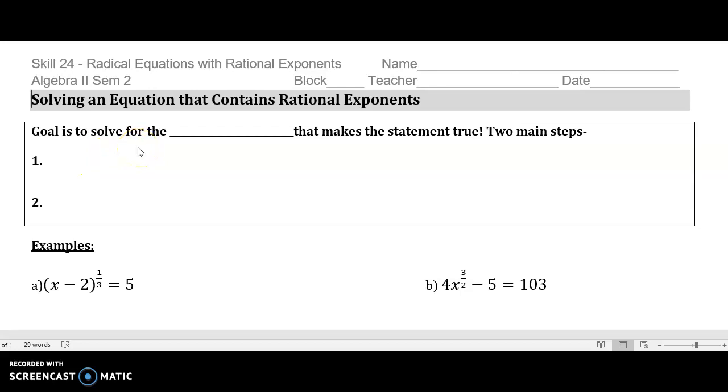We want to solve for the variable value that makes the statement true. Same as last time. Step one, you're going to isolate the expression raised to the rational exponent.